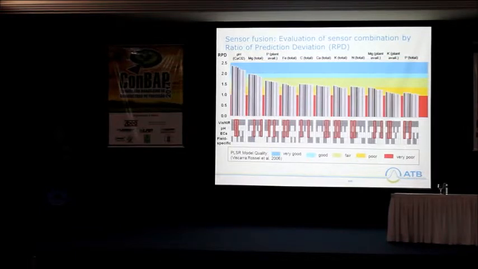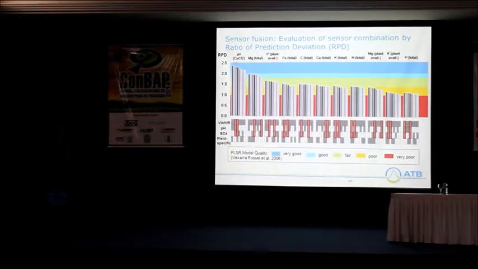And you see, for example, from the field-specific calibration that in most cases we got the best results if we do it field-specific. And you see that sometimes the combination of all sensors is not producing the best results. In general, we have the best prediction for pH and the worst prediction for total phosphorus.